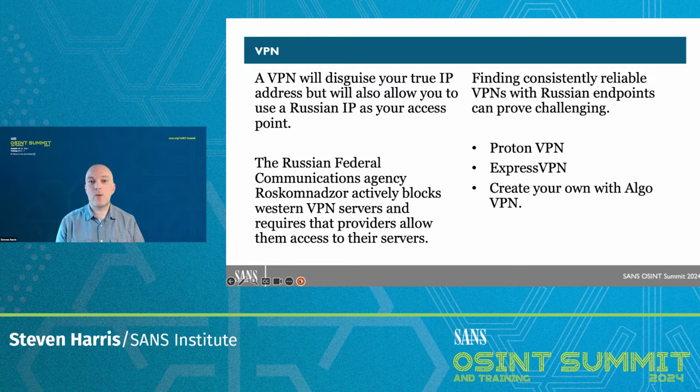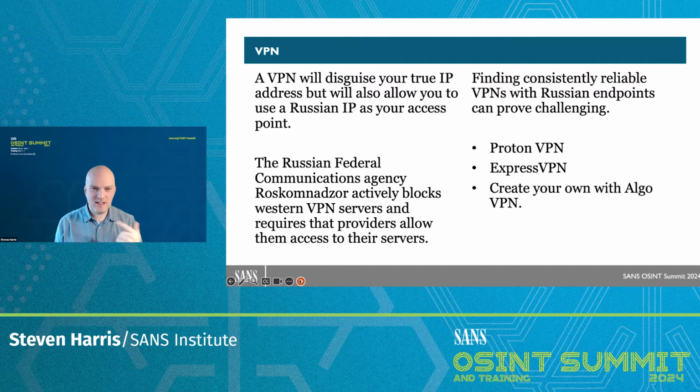And also, just as important in this environment, the VPN allows us to protect our presence. So it allows us to appear to be coming from a country that we don't necessarily originate from. Very, very important when we are wanting to access resources in Russia.